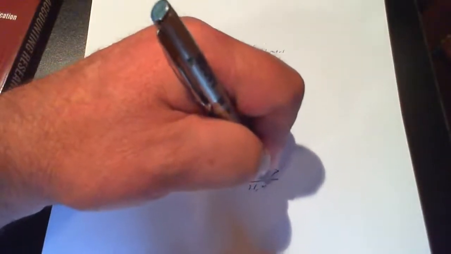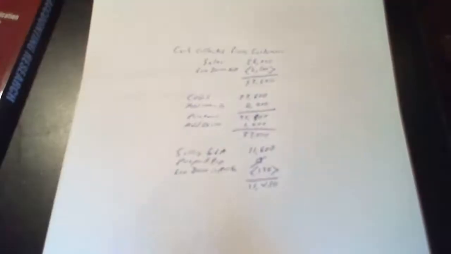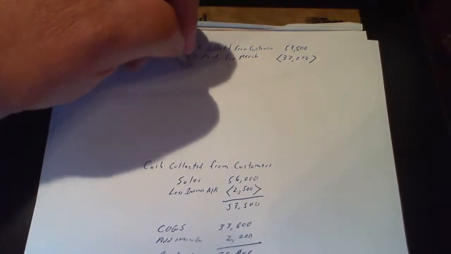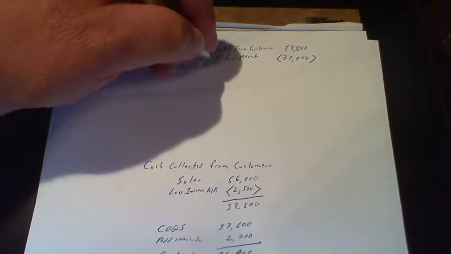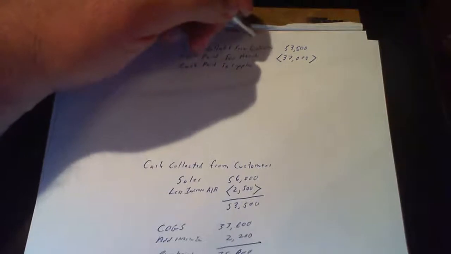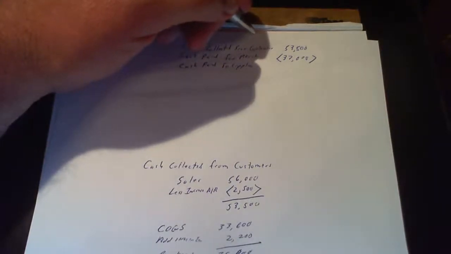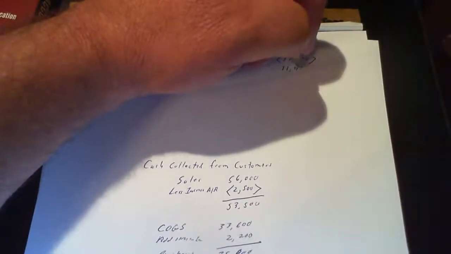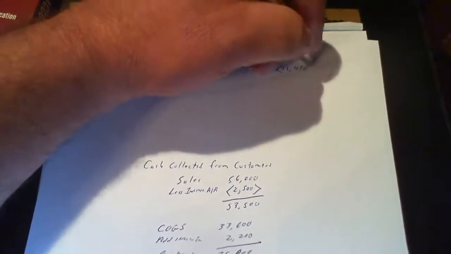All right, so we add those together and we get 11,450. Go back up here. Cash paid to suppliers, $11,450, and that will be a negative.